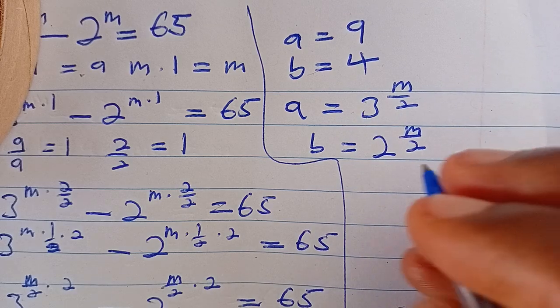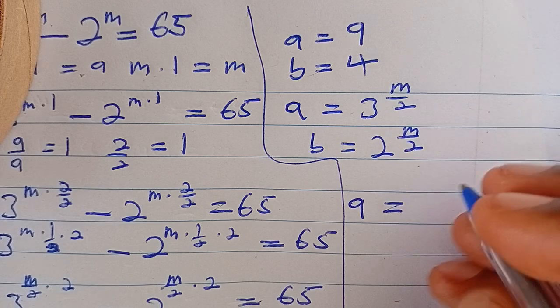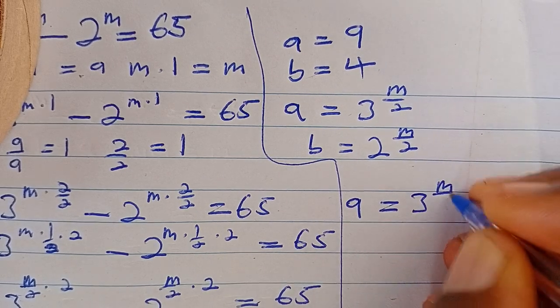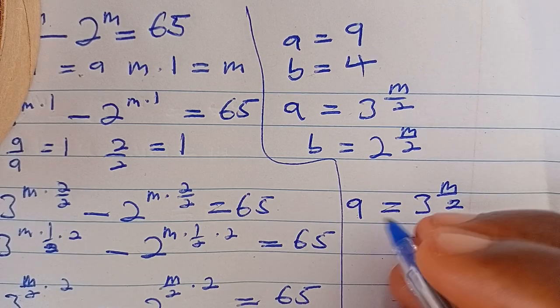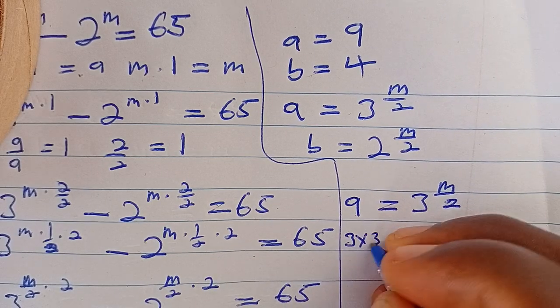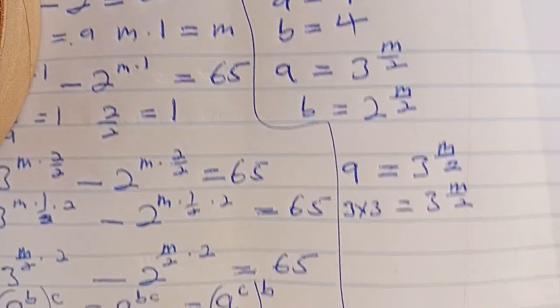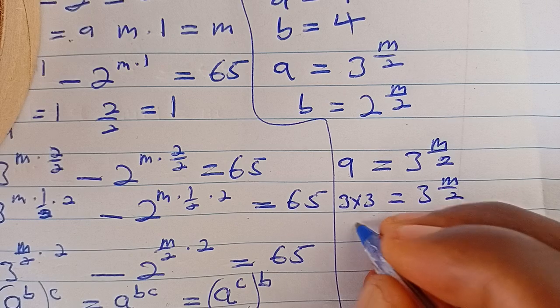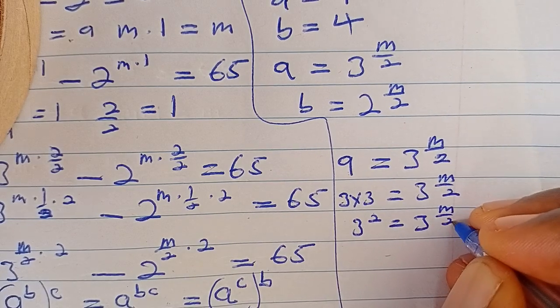So we can say 9 is equal to 3 exponent m over 2. Now 3 times 3 is 9, so this will give us 3 squared is equal to 3 exponent m over 2.